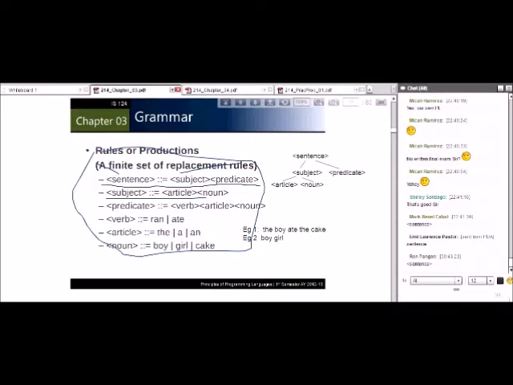So we replace the non-terminals by the right-hand side. If you have questions, feel free to interrupt me. Then predicate, we have verb, article, and noun. I'll just complete it so you can see.